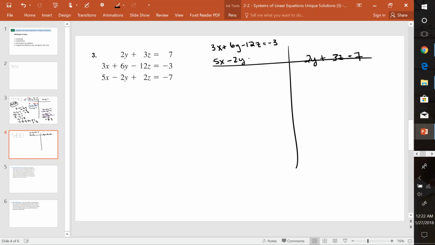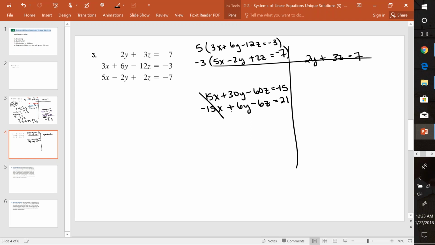So if I'm going to cancel out x, and I'm choosing to do that so that this will help us go forward, I'm going to multiply the top one by a 5 and the bottom one by a negative 3. So this would be 15x plus 30y minus 60z equals negative 15. And then negative 15x plus 6y minus 6z equals 21.